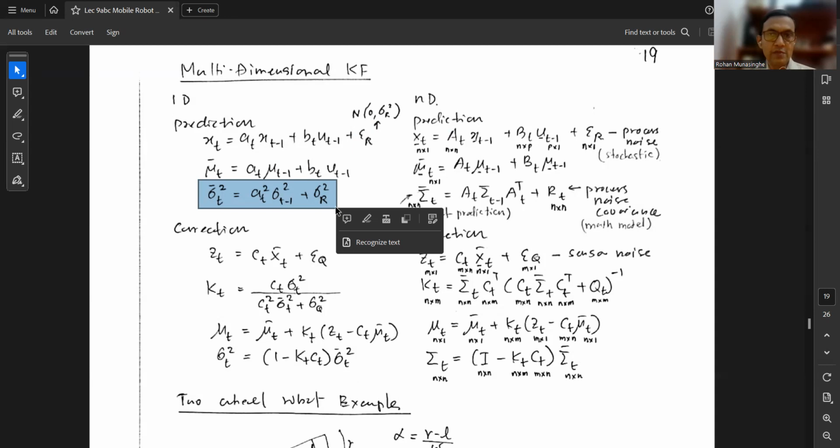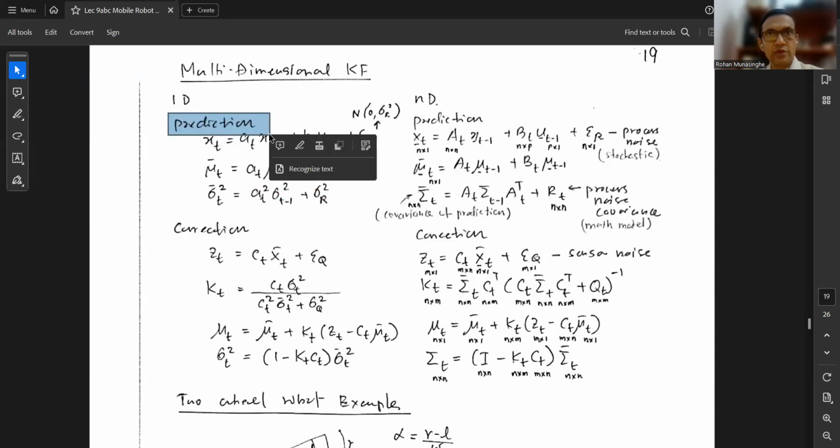One of them is with mu bar and sigma bar, that is the predicted probability distribution function, and the other one is mu and sigma, the corrected quantities. So this is the predicted one, because we are talking about prediction now: how to go from t minus 1 to t without sensors.